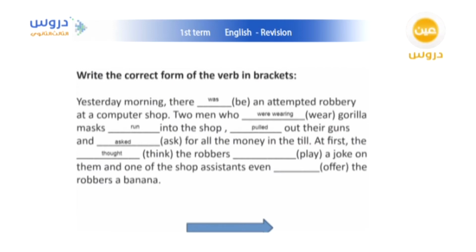The robbers play a joke on them, and one of the shop assistants, played. Thank you so much, brother. Yes, Umar. Yes, Jumana. Okay, played, but I want it in the past progressive. Here it is in the past simple.